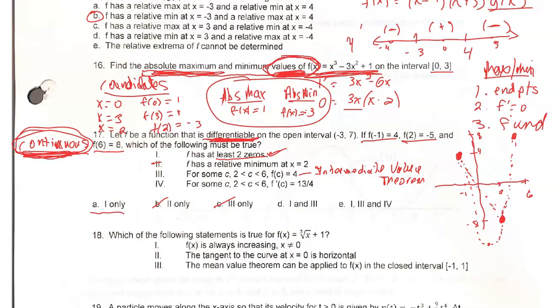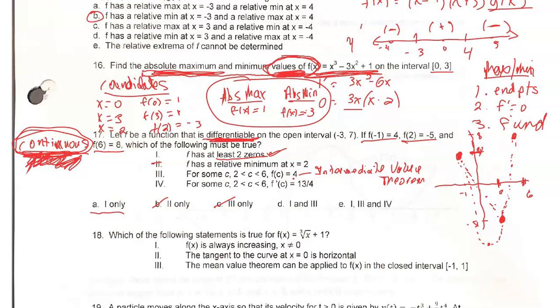So here's 2. Here is 6. Do we have to have a functional value somewhere in between 2 and 6 that would equal a 4? And then here's the functional value of 4. So what the intermediate value theorem tells you is that if you're continuous, which we are, and I'll put even more emphasis on this, if you are continuous, you have to hit every functional value from the lowest to the highest.